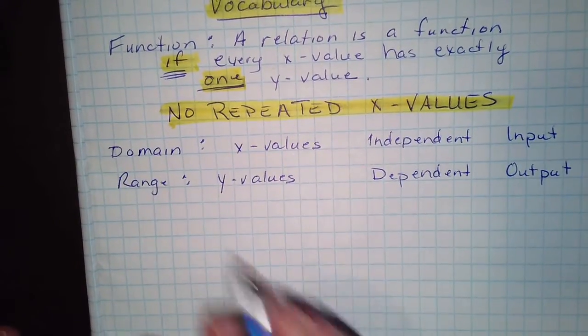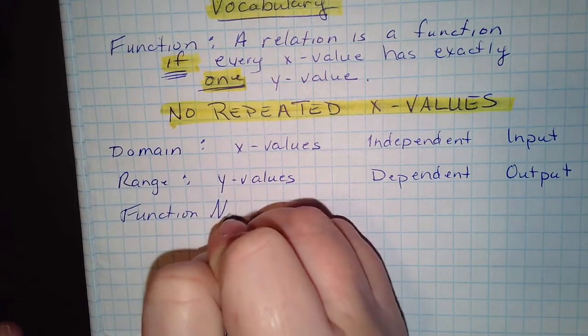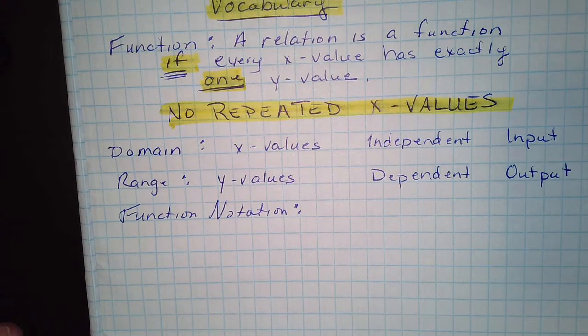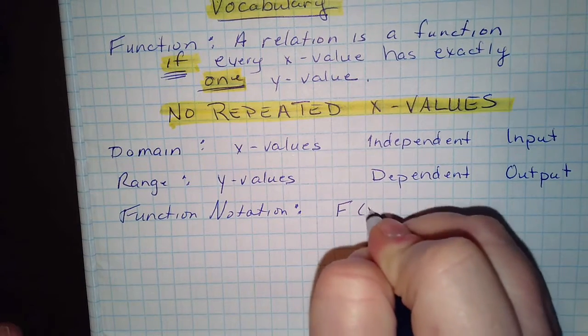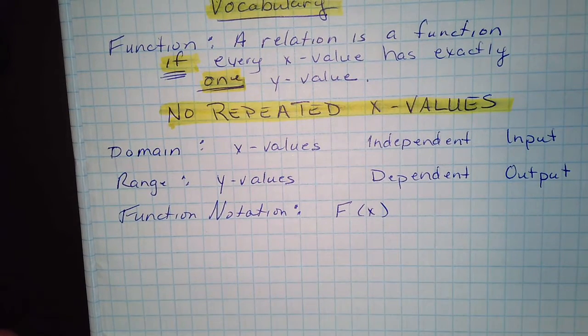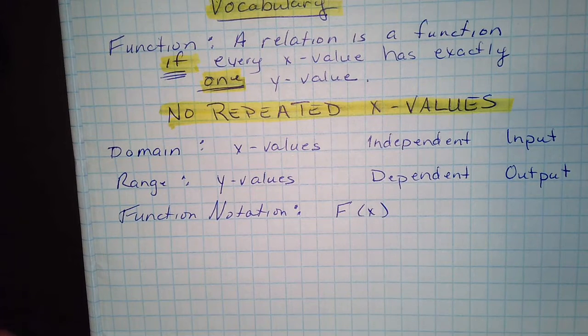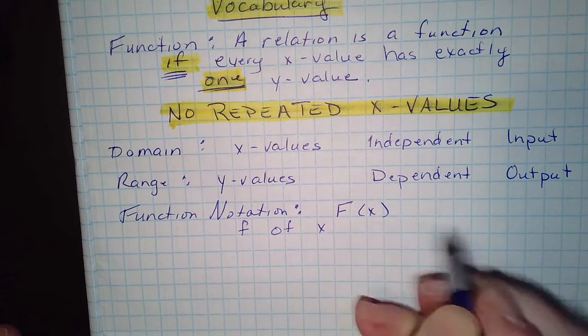Now the function notation is f of x. And just like where I was talking with our range, our y values, our dependent output, this function notation is also just like our y values, just like our range. And so we say f of x.